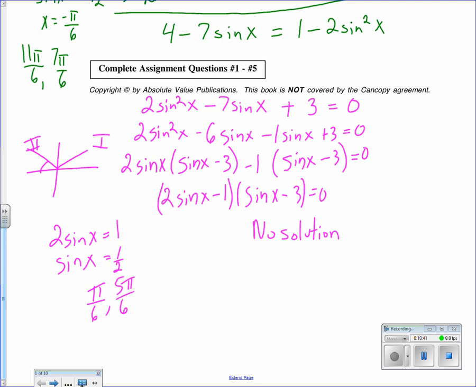And remember, I'm looking for my general solution, so pi over 6 plus 2 pi n. The period is still 2 pi for this graph. And 5 pi over 6 plus 2 pi times n.